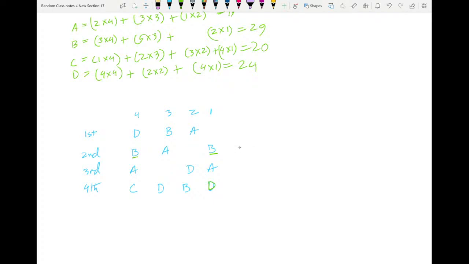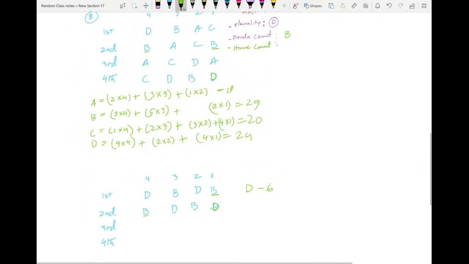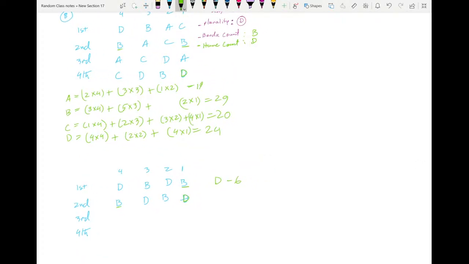C. And then we move everything up. We still don't have a clear winner. A goes away. Everything moves up. Oh, now we have a winner. In this case, D got 6. So in the Hare case, D is the winner.